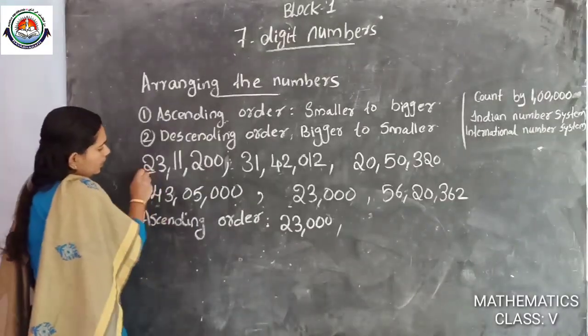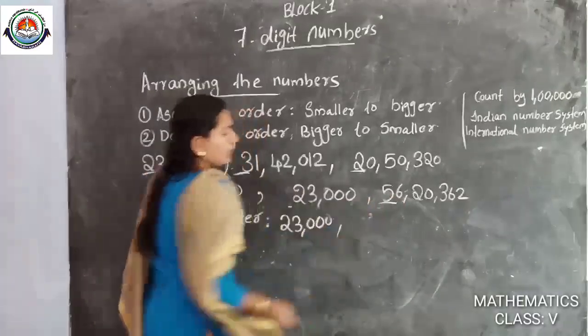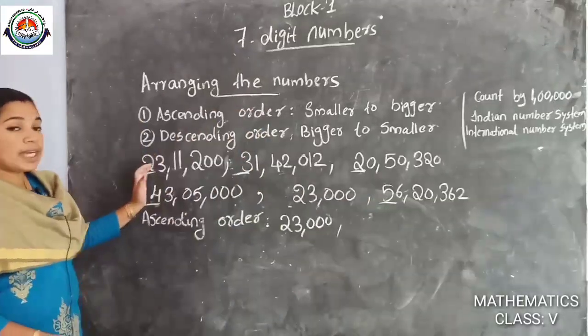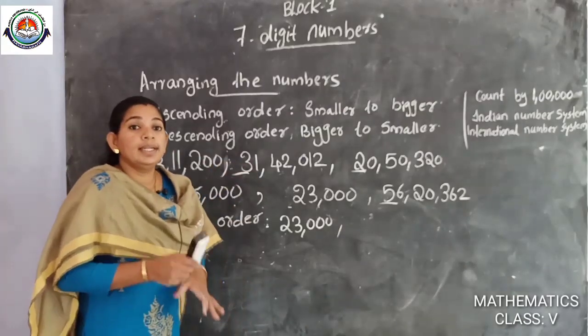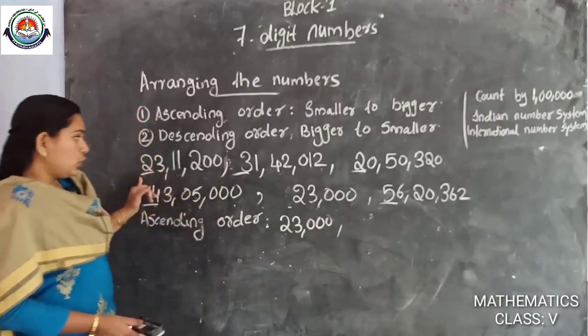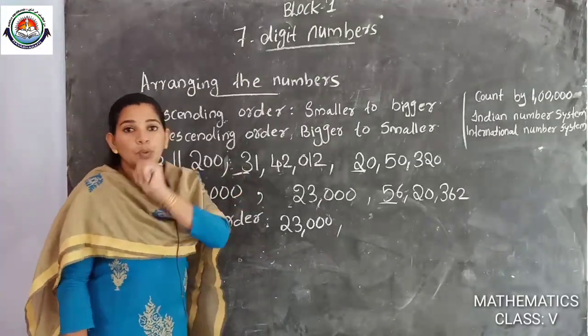From these digits, not considering the whole numbers, which is the smallest digit? 2, 3, 4, 5, the smallest is 2.